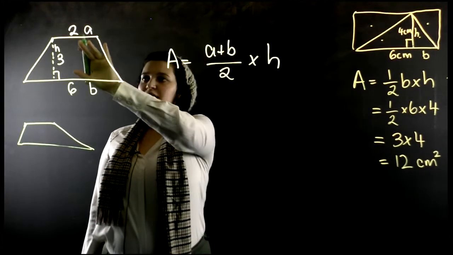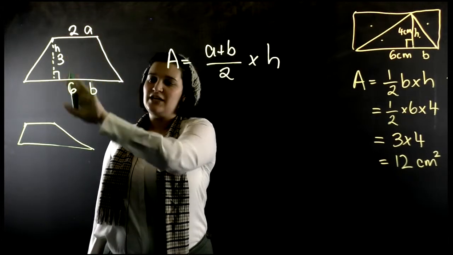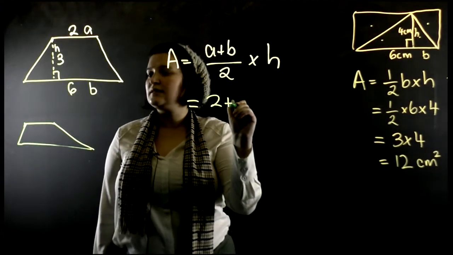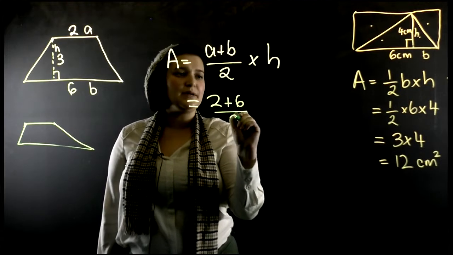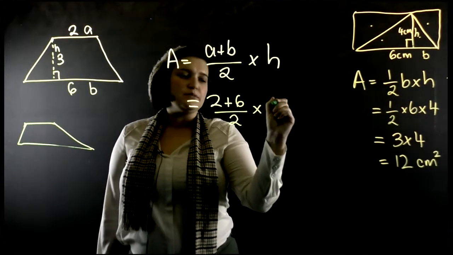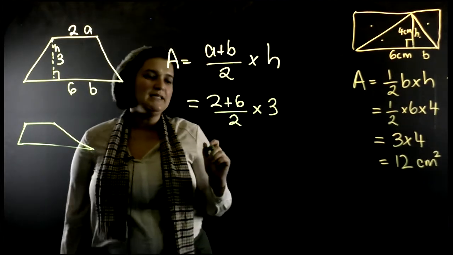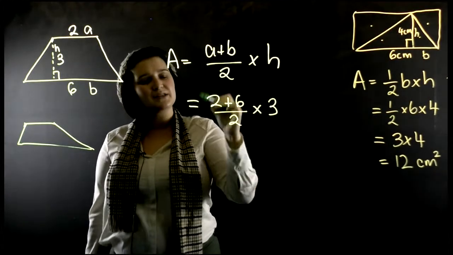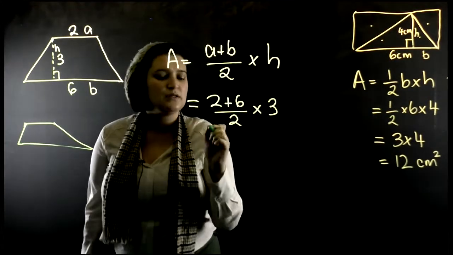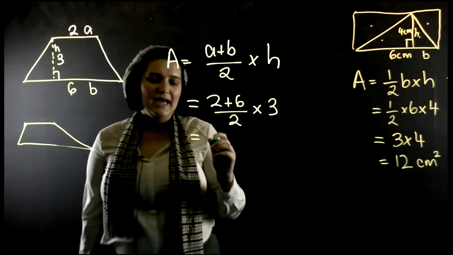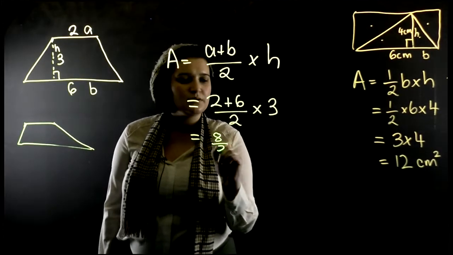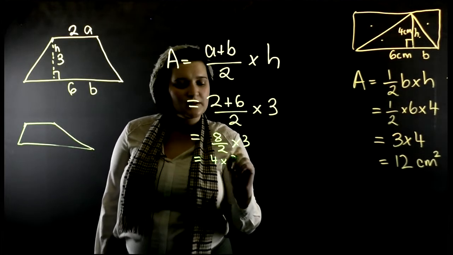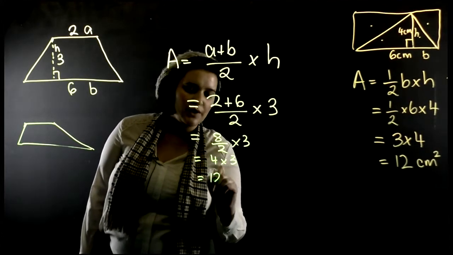So I'm substituting a 2 for A, a 3 for H, and a 6 for B. And I get 2 plus 6 divided by 2 times 3. All right, now if I imagine, because this is one fraction, there's an invisible set of brackets around it, I've got to do that first. So 2 plus 6 is 8, 8 over 2 times 3. 8 divided by 2 is 4 times 3, which equals 12.